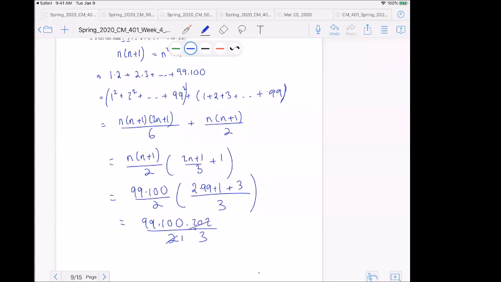So we can simplify. This is 101, this is 1, this is 33. So now what is this equal to? You guys can find it, I'm sure. 33 something. I forgot the 101. Is it 333300? Yes.